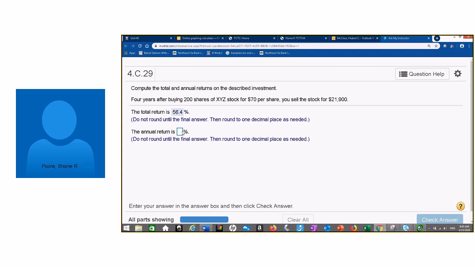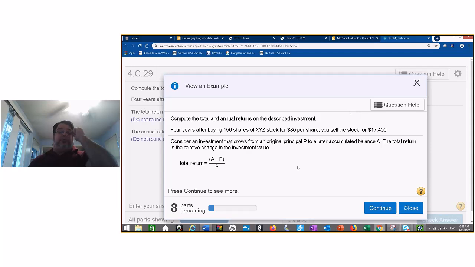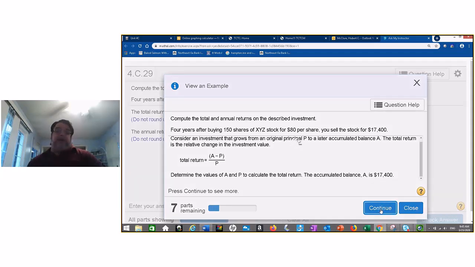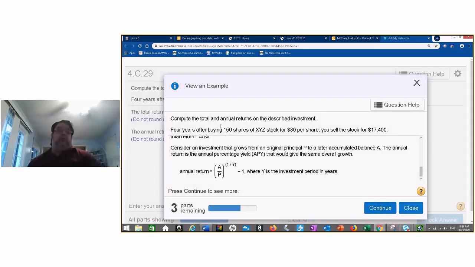The annual return. Remember the annual return. Let me get the formula here, because I gave you the annual return before. It's not that one. I can't remember the formula, but it's down here. Hold on. There.